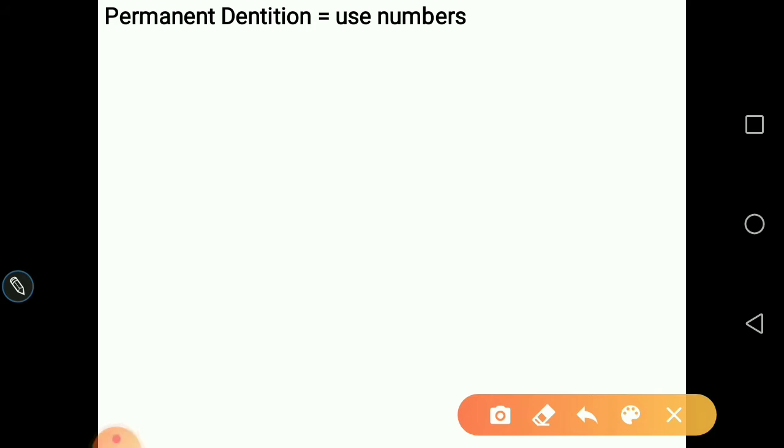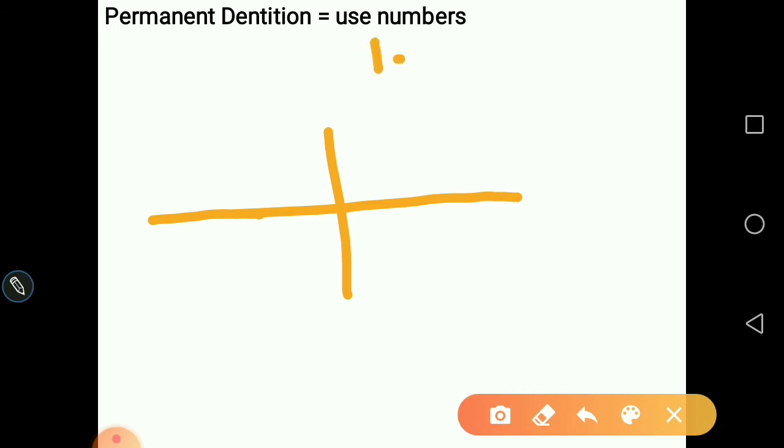We have 4 quadrants in total, 8 teeth in each quadrant, and it starts from 1 to 32.